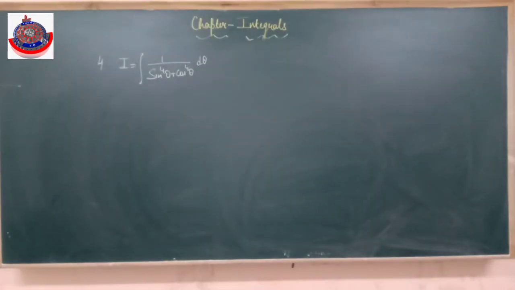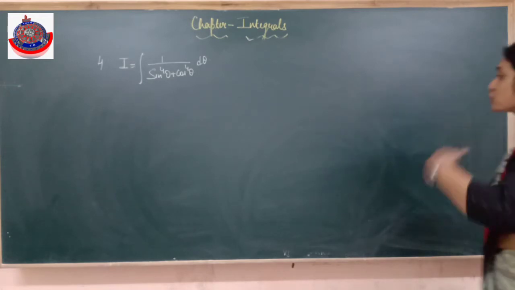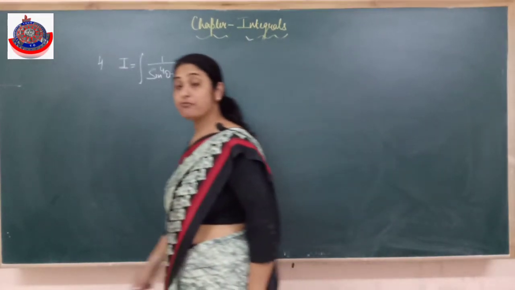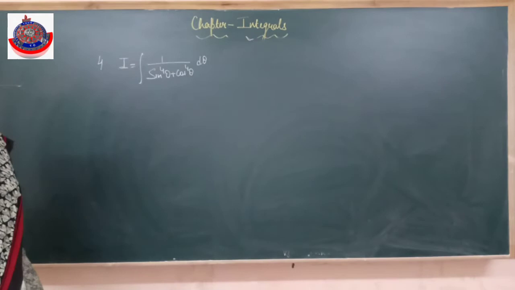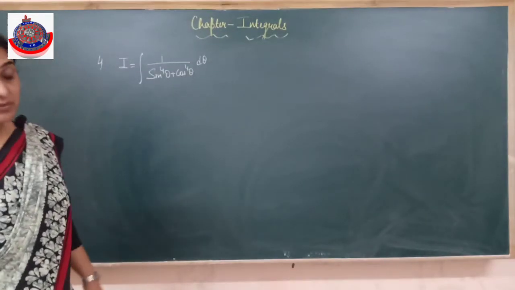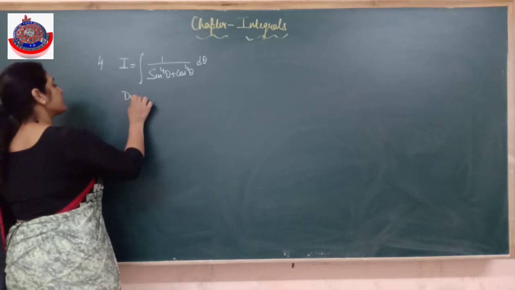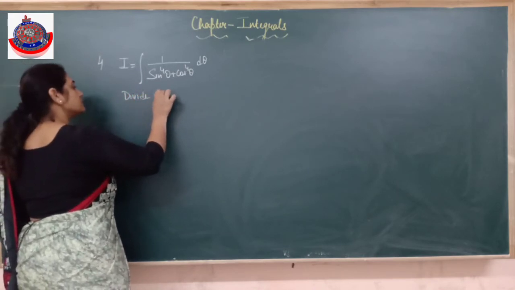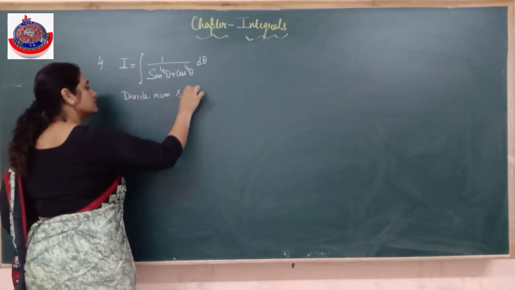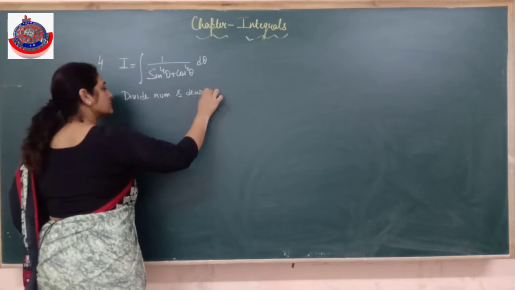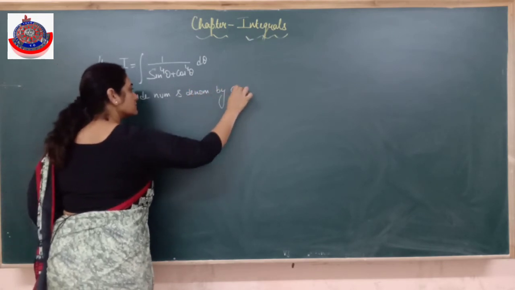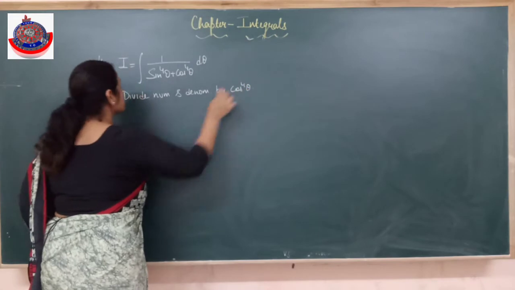Let's pick up the last example of this topic. I have to integrate 1/sin⁴ theta plus cos⁴ theta. So I told you whenever you have a sine and cos with the powers, we divide it by the highest power of cos. So I'll divide numerator and denominator by cos⁴. Clear.